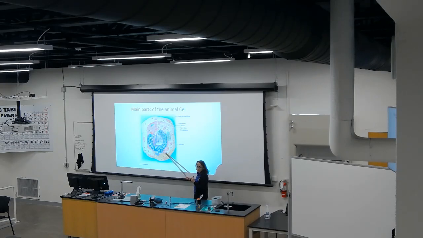So this is the powerhouse of the cells. And the mitochondria has its own DNA and has its own ribosomes. So it's kind of a semi-independent organelle. So this is where we make the most number of ATPs.